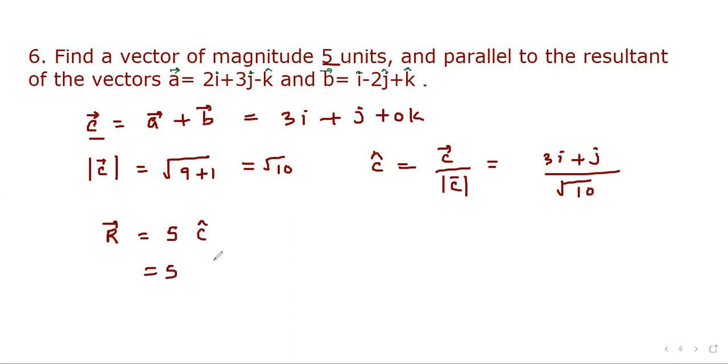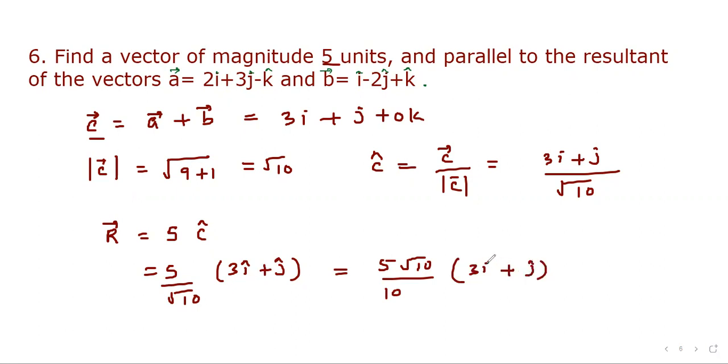So 5 times, so 5 by root 10 times 3i cap plus j cap. This can be further simplified by multiplying 5 root 10 divided by 10, 3i plus j. So it will become root 10 divided by 2, 3i cap plus j cap.